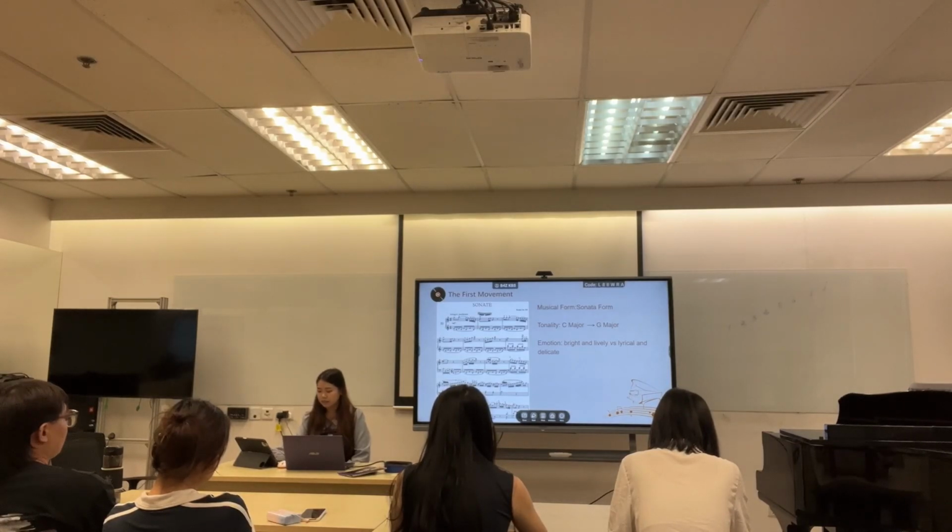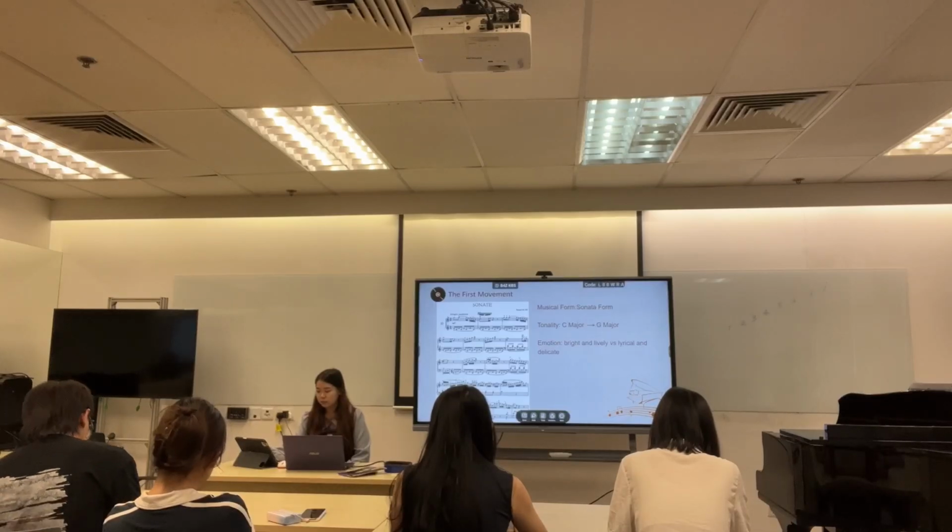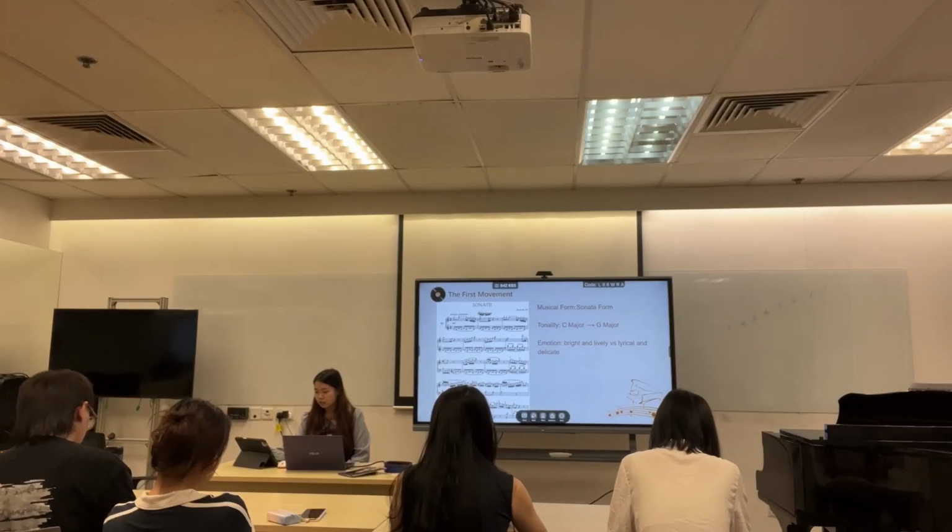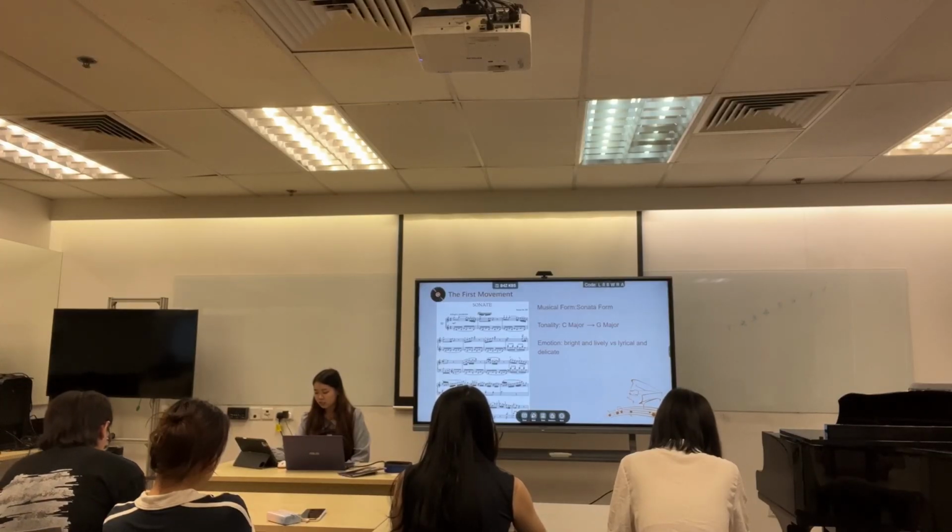The first movement uses sonata form, with tonality shifting from C major to the dominant G major. The main theme is lively and bright, while the secondary theme is more lyrical and delicate.